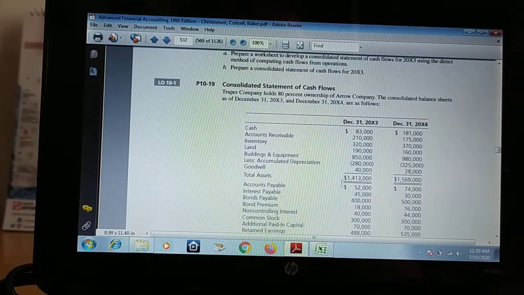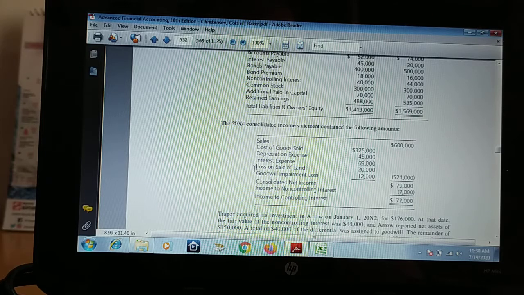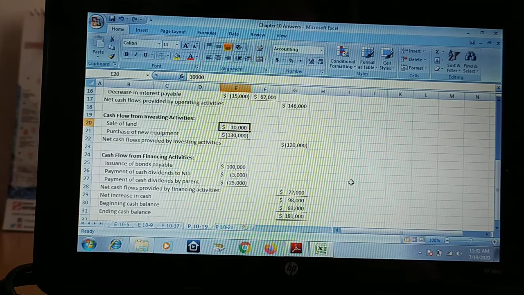Because the book value decreased by 30,000, you should get 30,000, but we have a loss on sale of land of 20,000. So you subtract 20,000 from 30,000, because you actually only sold it for 10,000. So here it is 10,000, not 30,000. When we sold it for 30,000, it turned out we lost 20,000, so we only received 10,000. That's how to calculate the sale of land.